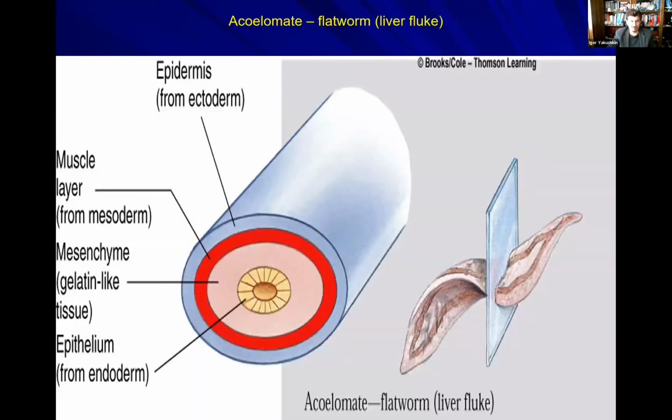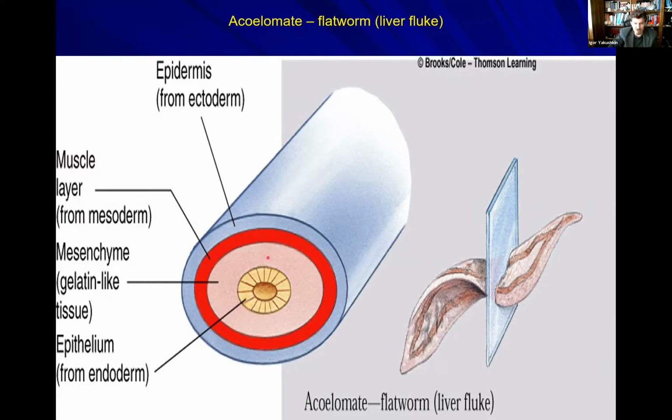Anyway, so let's take a look at the acoelomate. No body cavity. We still have 3 embryonic layers. Everything is fine. We have ecto, meso, and endoderm. So ectoderm is outside, always will be outside. Endoderm inside, mesoderm in the middle.